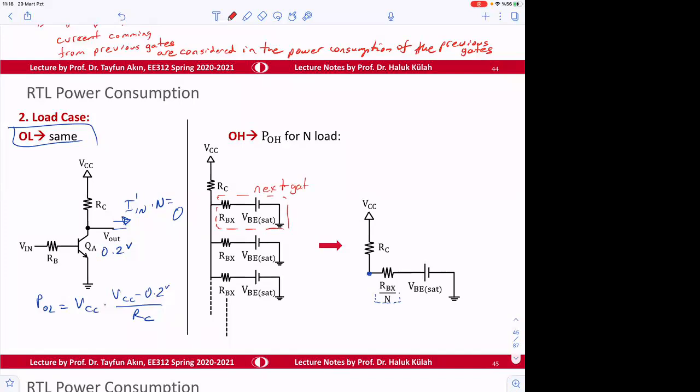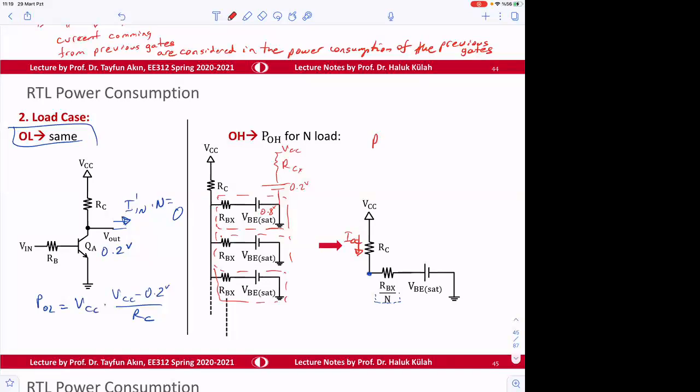Of course, the next gate has some other components here, right? I mean, we know that, but we don't really care about those, RCX, VCC. So we ignore that. And this is 0.2 volt, and then this is 0.8 volt. So this is the next gate, okay? So we can find the current, this ICC, from this circuit here.